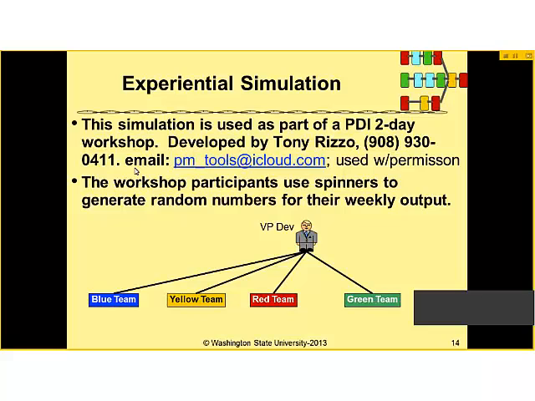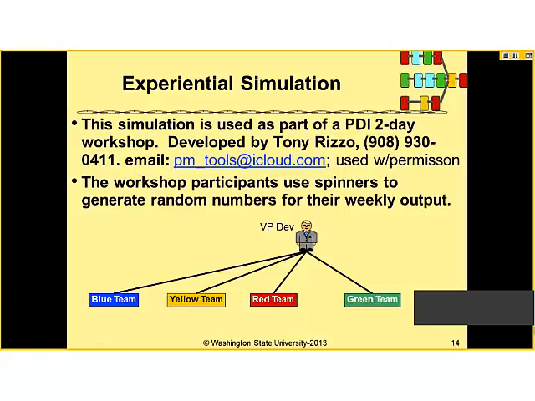In this workshop, the workshop participants are the simulation, and the materials that I control simply represent the condition that the resources provide. The resources use spinners to generate some random numbers for their weekly output. So the workshop participants are the Monte-Carlo simulation.